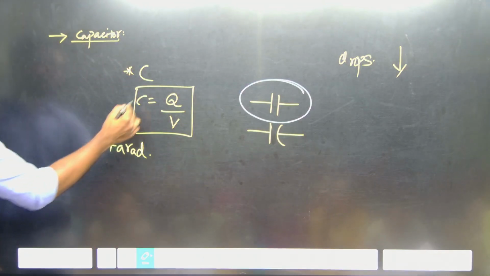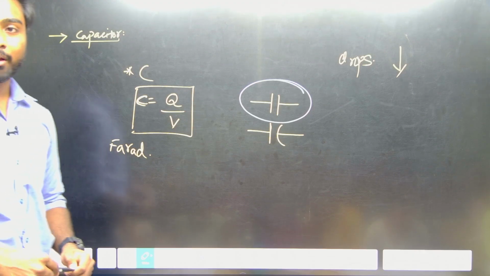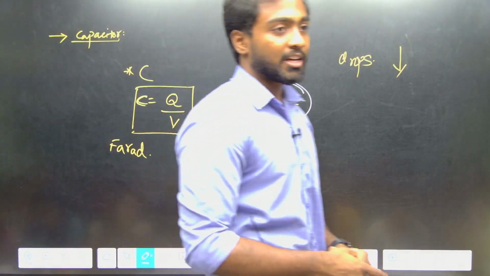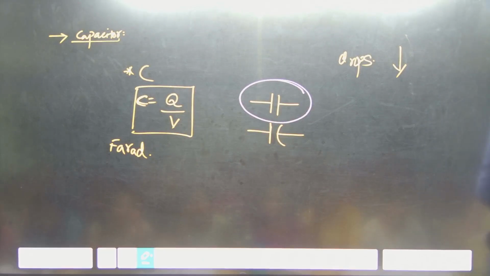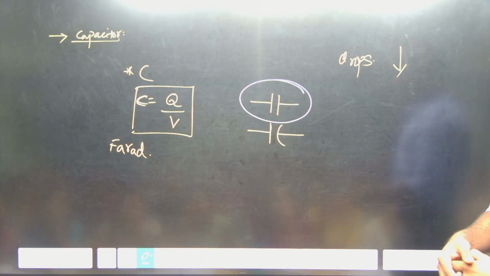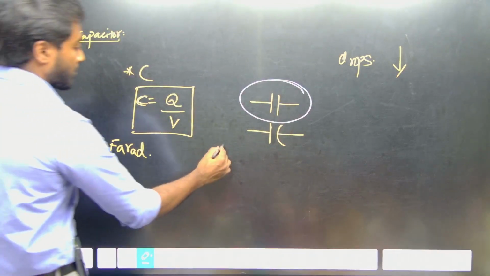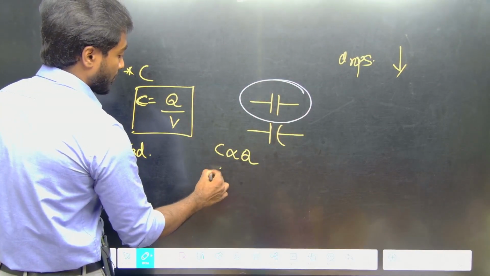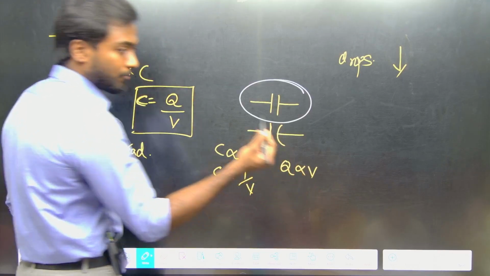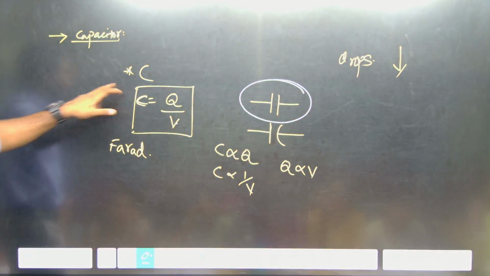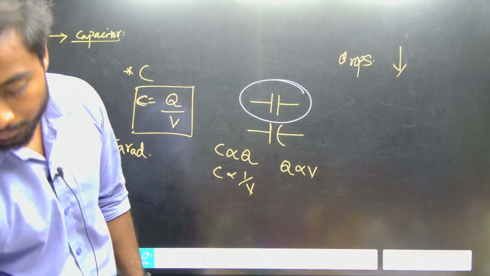From this, whatever question they ask, if capacitance increases, charge also increases. If capacitance decreases, charge also decreases. If the potential decreases, capacitance increases. C is directly proportional to Q and inversely proportional to V, and Q is directly proportional to V.